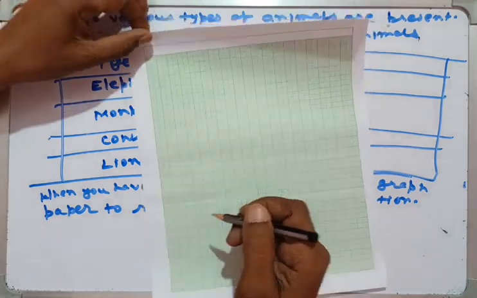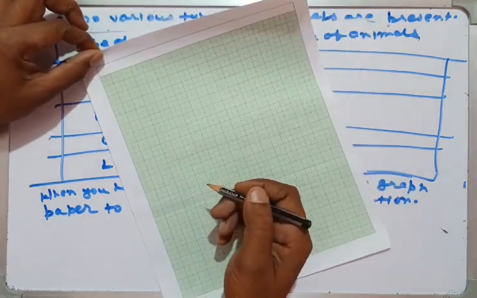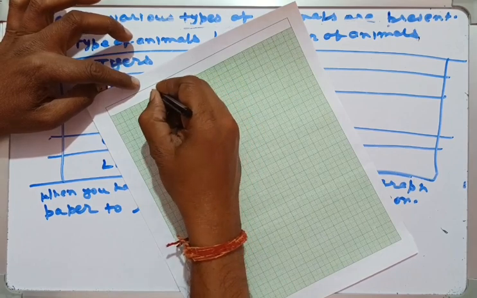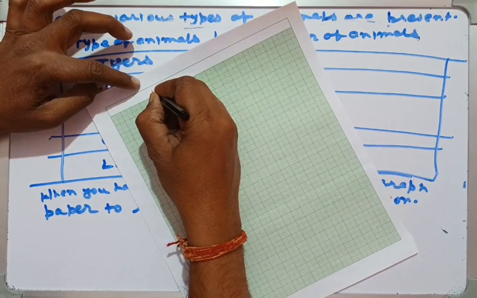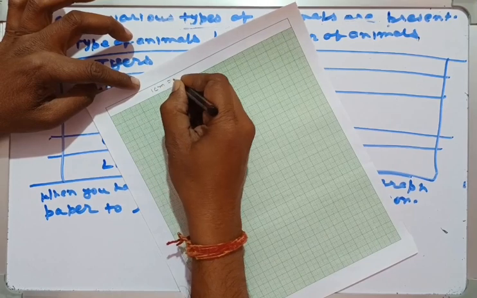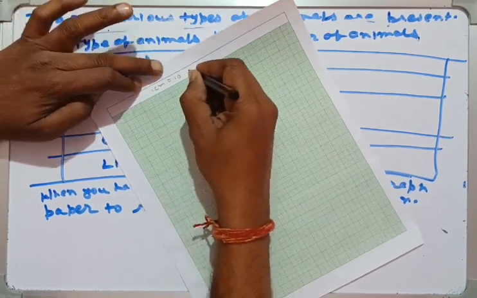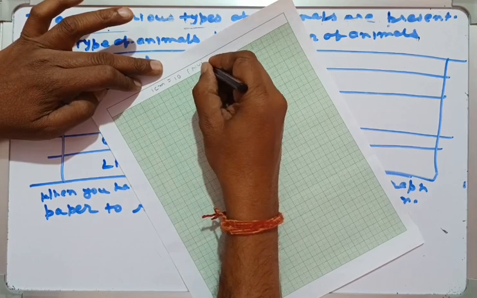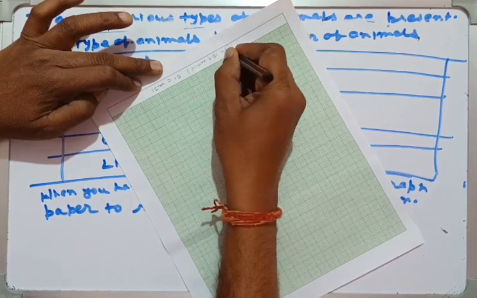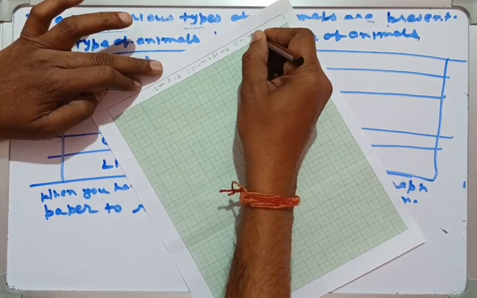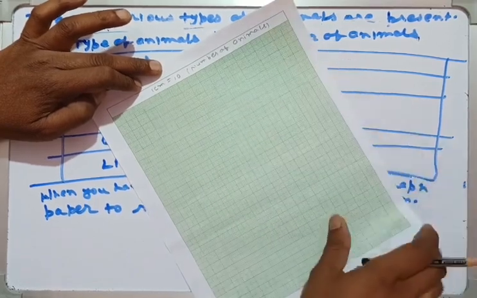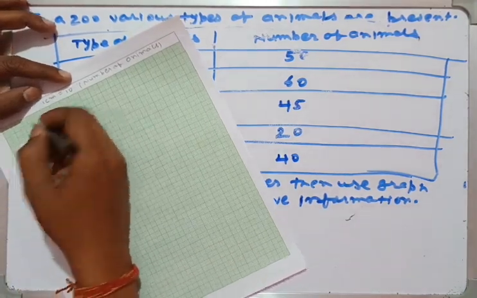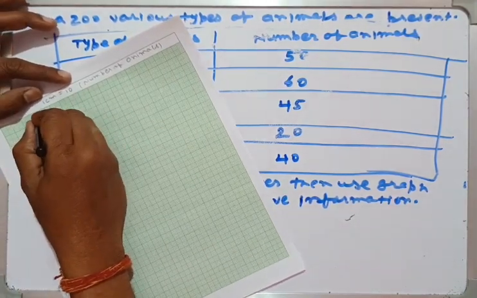So guys, first of all, you have to define a unit. So I here represent 1 centimeter equal to 10 numbers of animals. Next, you have to write a title.